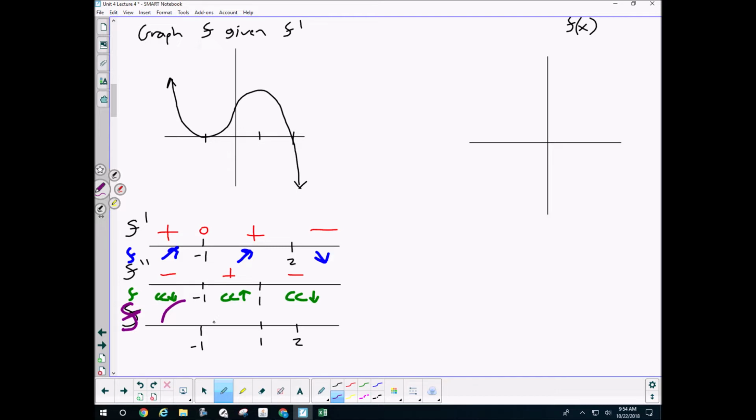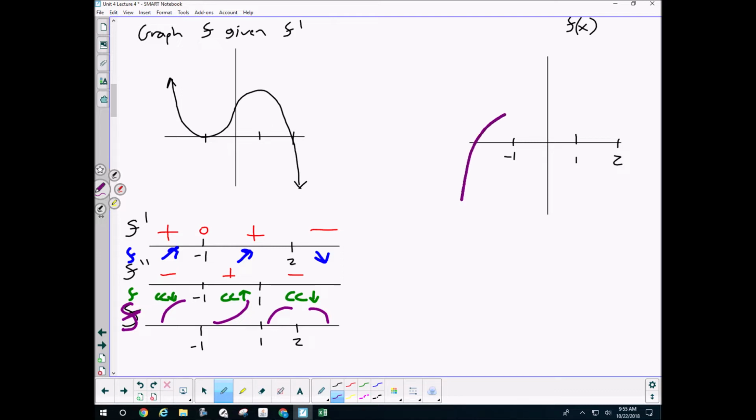Going up, concave up. Going up, concave down. Going down, concave down. Exactly where it goes doesn't matter right now. In the future, we'll understand exactly how much we're going to be going up and going down. For right now, we don't really care.